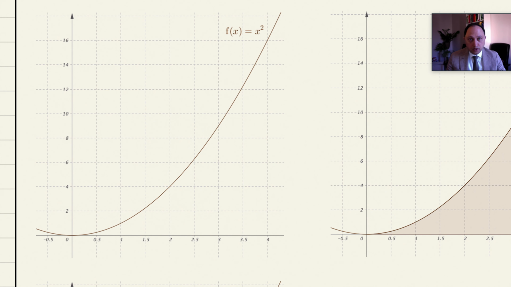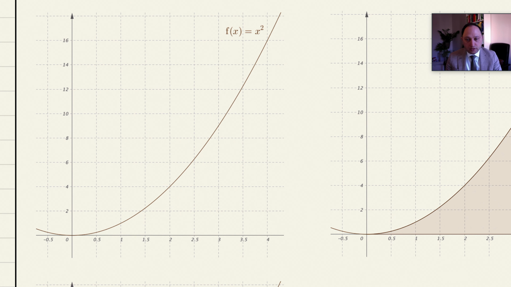Here you see a curve, and that's a famous curve, y equals x squared. I have intentionally put this scale 1 to 2, so you see that each grid on the y-axis is 2 units, and each grid on the x-axis is 0.5, because I wanted to make it flatter so that things become more visible.